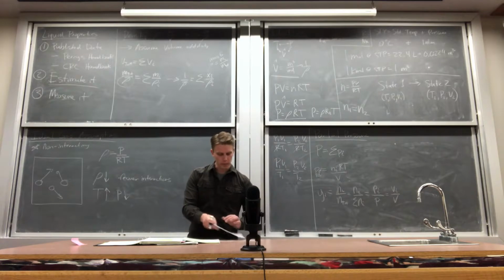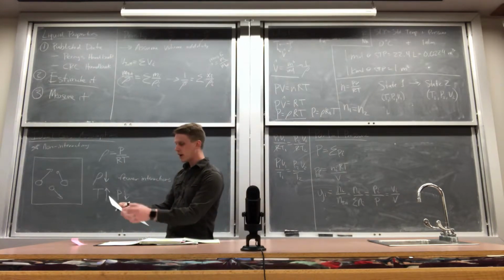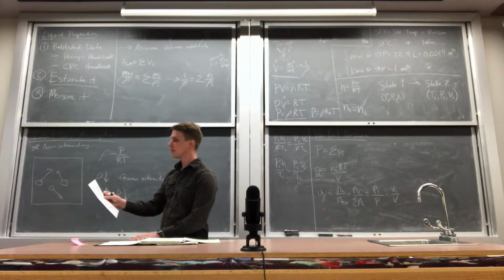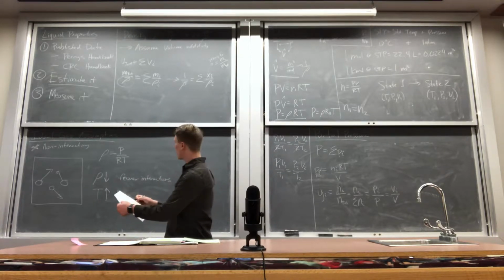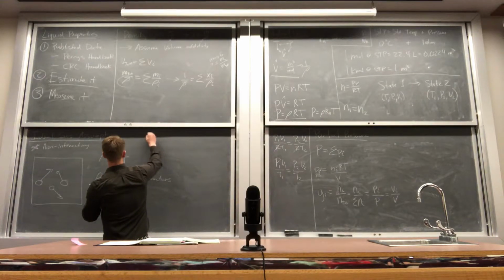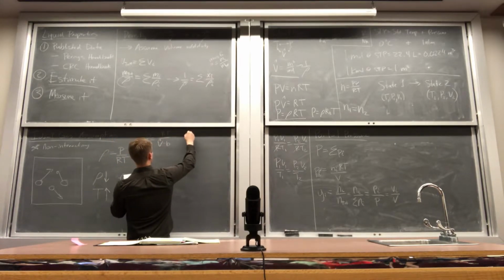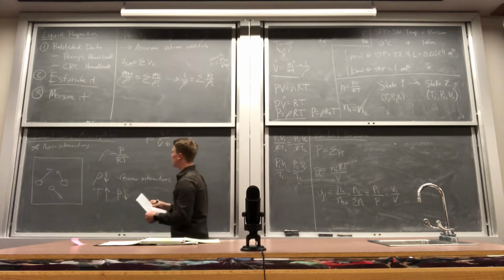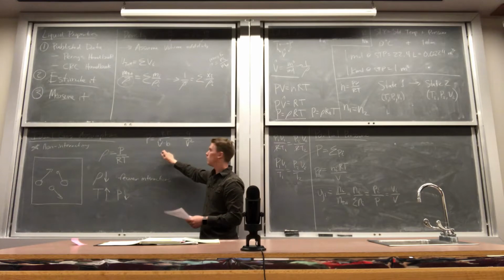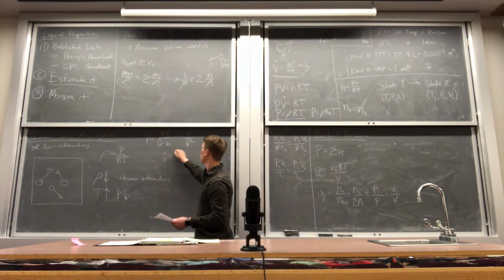So let's take a really quick moment here and look at our van der Waals equation of state, right? In the van der Waals equation of state, we have P is equal to RT over (V hat minus B) minus A over V hat squared. Right, so the specific volume is equal to 1 over the density.